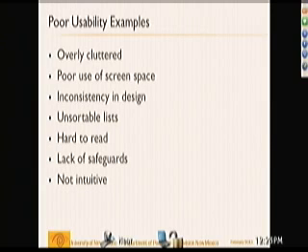Of course, if something's hard to read, that's going to make it more difficult to use. Lack of safeguards: making something so usable that it doesn't catch you when you make an obvious mistake, that's no good either. And you have bad data, and we're dealing with health information here. We need to get this right.